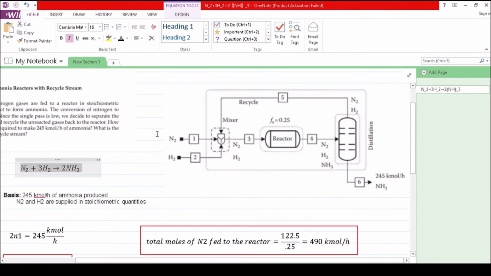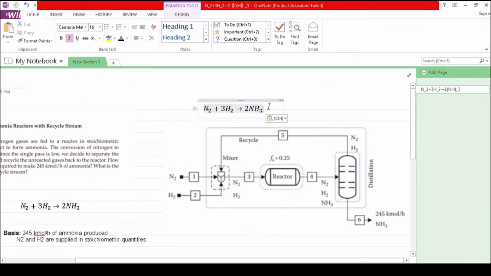So applying a balance, the amount in should just be equal to the amount out or leaving. We have stream 4 going in. The streams going out are N6 and N5. And we need N5.